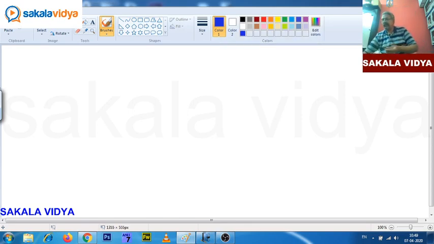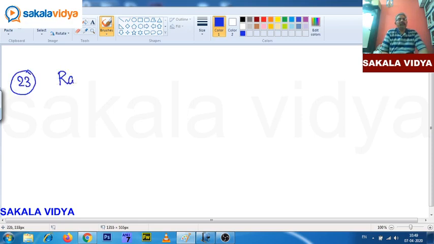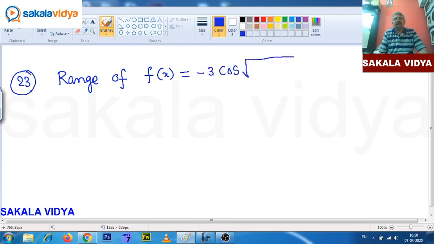Question number 23. Range of f of x equals minus 3 cos of root of 3 minus x plus x square is.